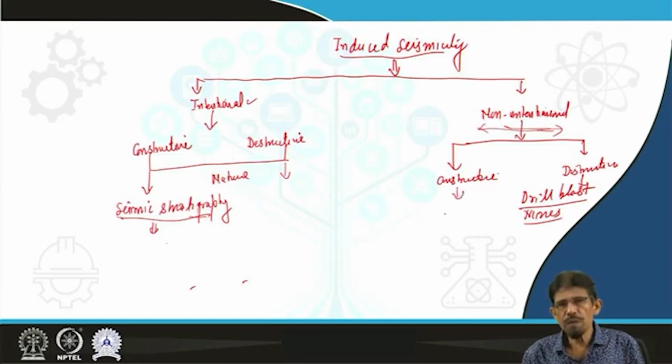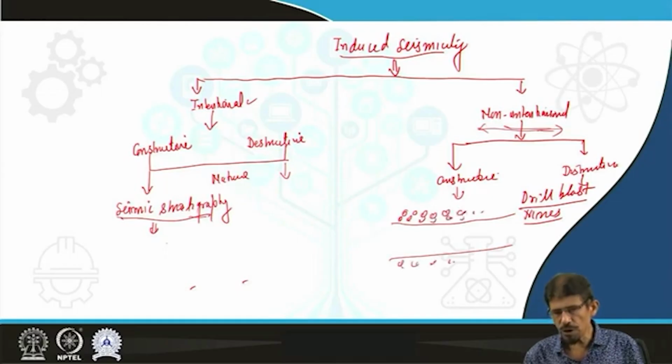Constructive: the movement of vehicles, with no intention to generate seismicity. However, the continuous vibration, the effect of movement of different vehicles on road, is going to partially compact the material of subgrade lying below the road pavement.